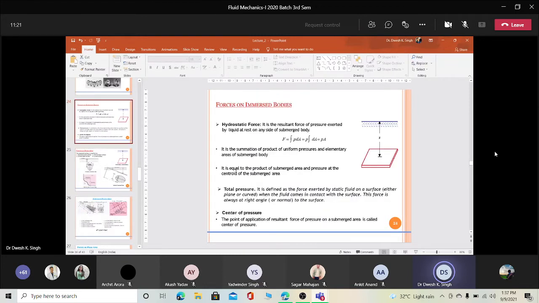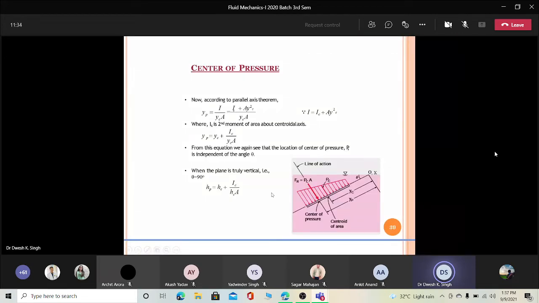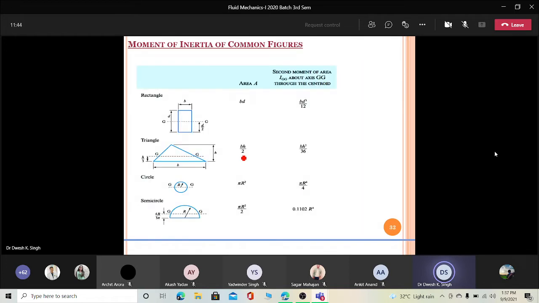We derived this expression, the total force, and then based on these concepts, we discussed the equation for the center of pressure, including the forces on the curved surface.